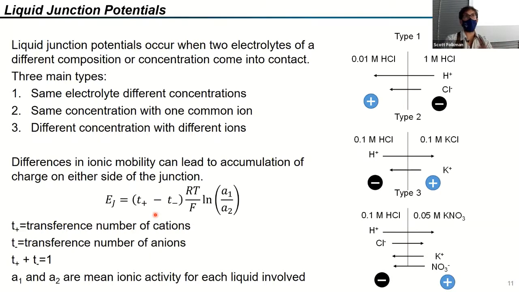If we have equal mobility of all ions, there is 0 junction potential. The A1 and A2 are the mean ionic activity for both of the solutions. So if they're both diluted to infinite dilution, or if they're at the same concentration, then again, the junction potential will fall to 0.